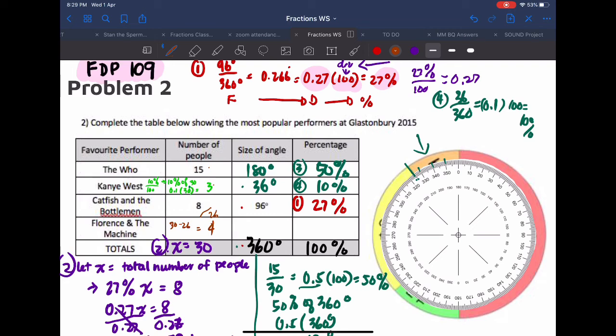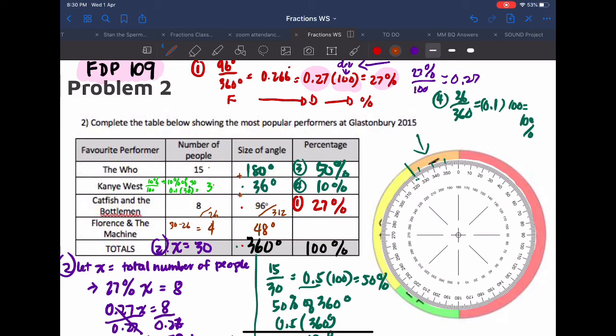So you can do the same thing here. 180 plus 36 plus 96 equals 312. So when I added this, it all equals 312. So 360 minus 312 means this has a measurement of 48 degrees.